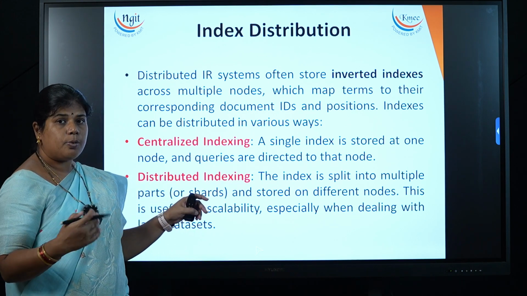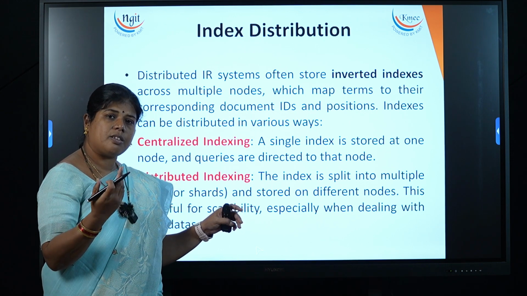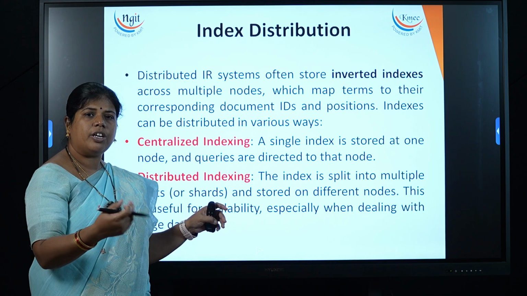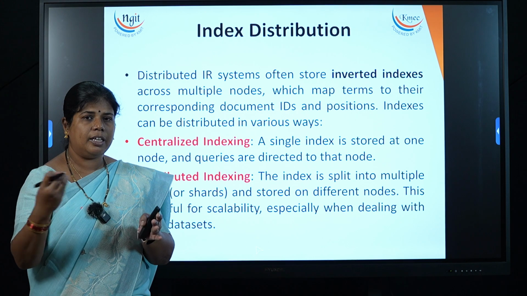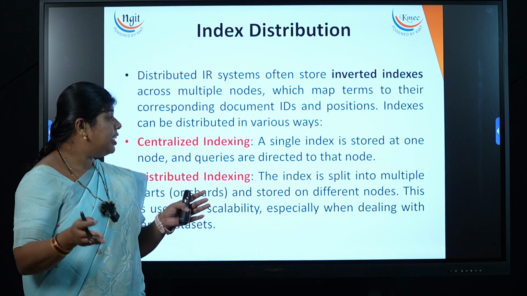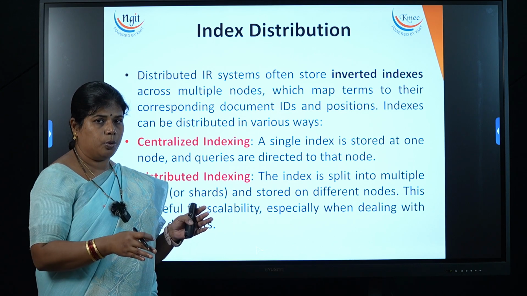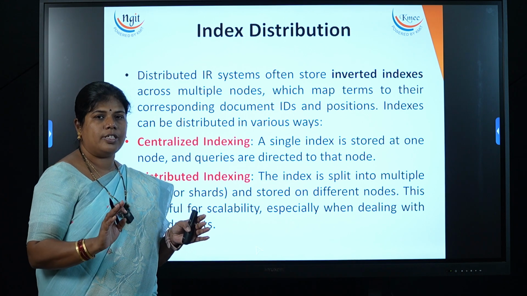Sometimes, when you are storing the index at only one place, that one system may crash, or due to the load it is not giving a fast response, or it is not capable of directing properly to the shard. In that case, that one system makes my retrieval process slow, so the user will stop using your search engine.